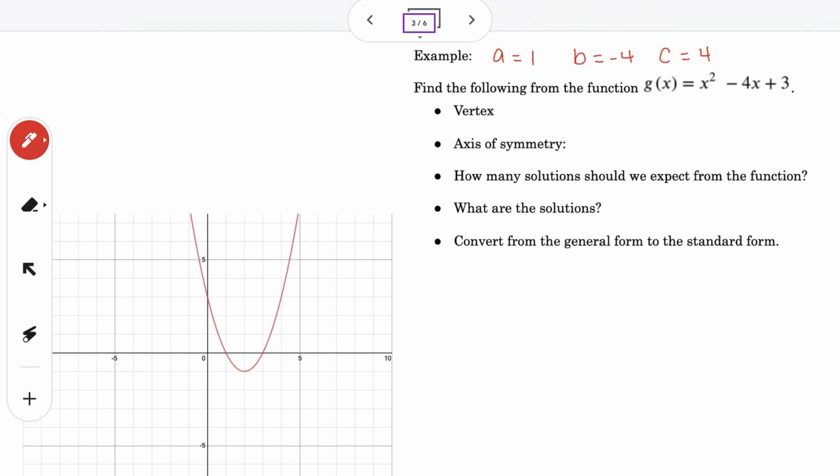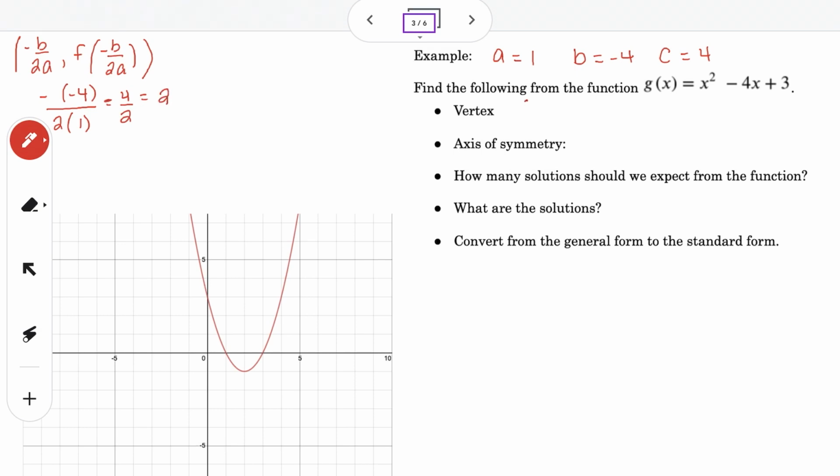So let's start off by finding our vertex by using the formula negative b over 2a, and f of whatever that result is. All right, so negative b, so I want the opposite of negative 4, over 2 times our a value. This gives me 4 halves, or 2.